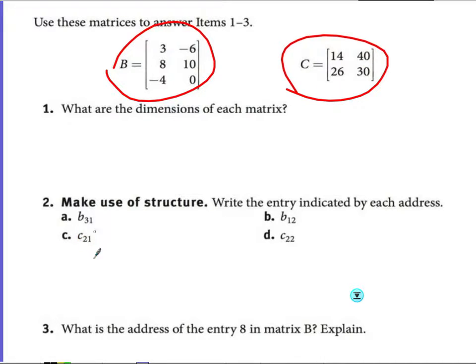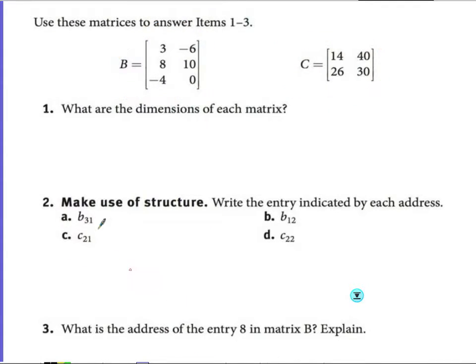Alright. Okay, so let me just give you the answer to A and C just to give you an idea of what to expect. I'm looking at lowercase b, an entry in matrix B, and the first number represents the row, so the third row, and the second number represents the column, so this is going to be the first column.